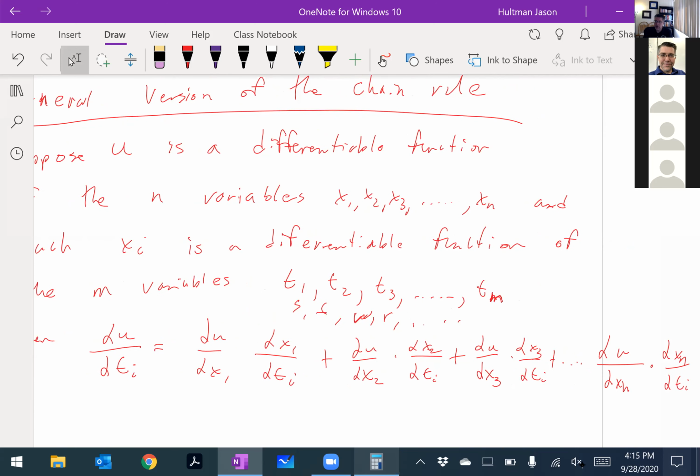However many variables you want, you have to take those partials of the upper variable times the partial of that upper variable with respect to one of the lower variables.